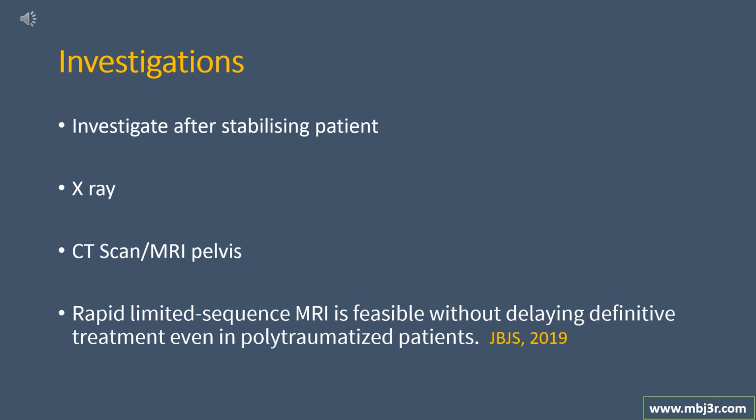In suspected fractured neck femur, we can do both CT scan and MRI pelvis, but MRI pelvis is more sensitive in diagnosing fractured neck femur in polytraumatized patients. You can do a rapid limited sequence.